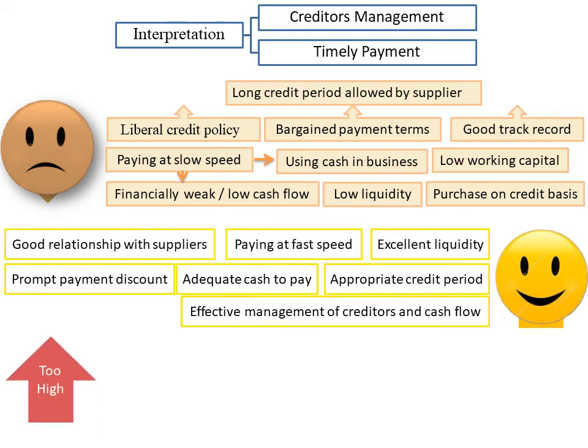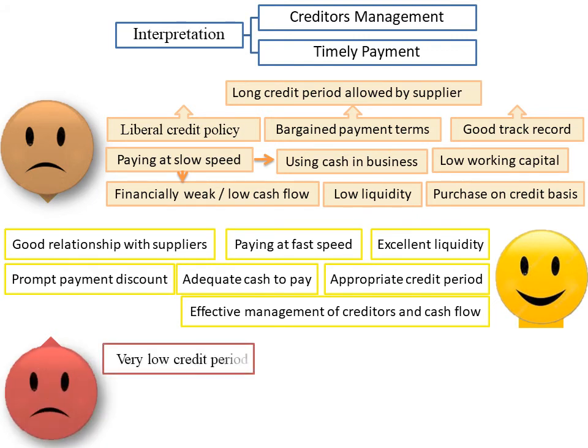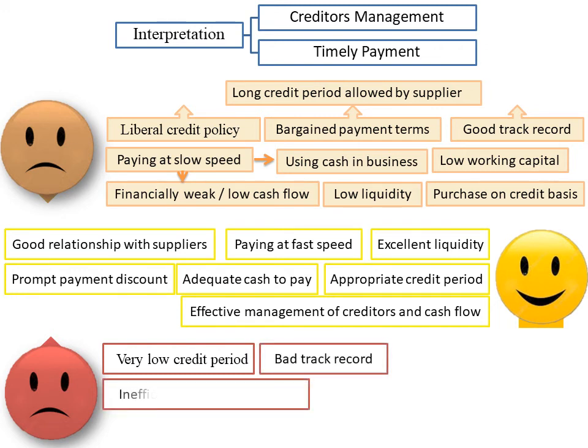But if a firm's ratio is too high, it is not good for the firm, as it indicates that the credit period allowed by suppliers is very less because of a bad track record or less bargaining efficiency of the firm. It also shows that the firm is not able to manage its cash properly.